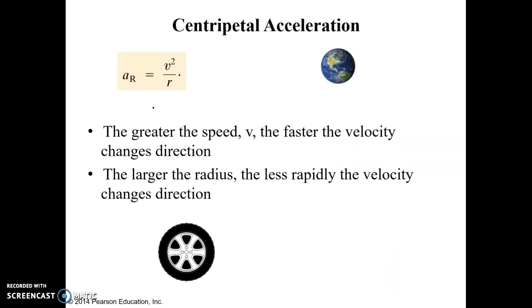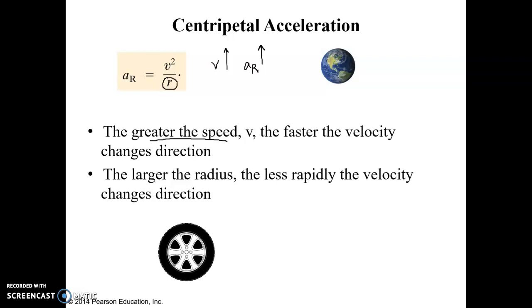If we look at this formula here, v squared over r, the larger v gets, so if the velocity v gets bigger, then the centripetal acceleration will also get bigger. So greater speed equals a greater centripetal acceleration.